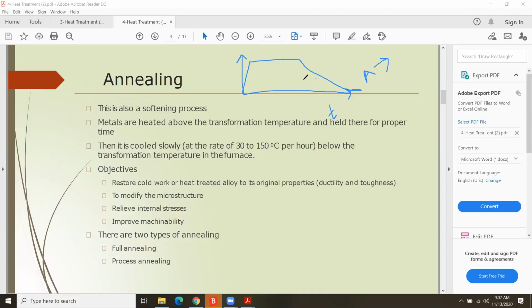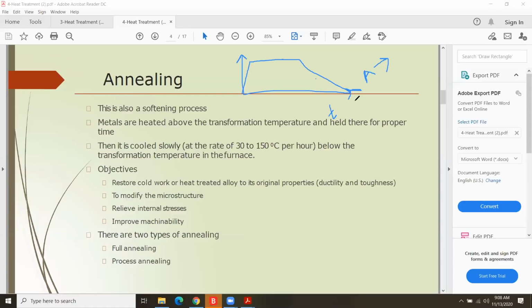Then again you are cooling that metal. According to your application or purpose, your cooling rate can be different. So it depends on the applications, right?